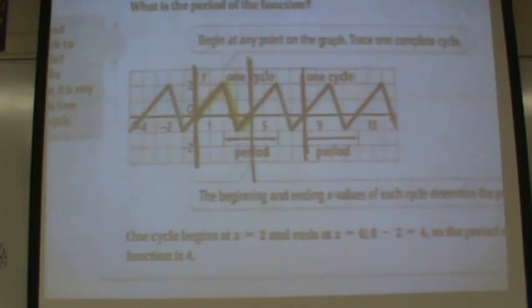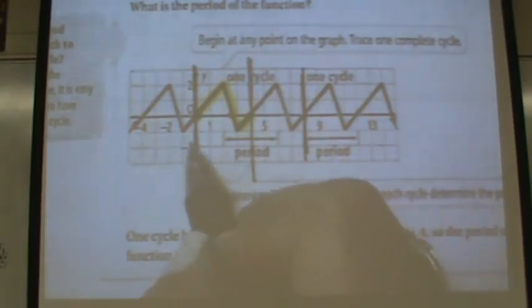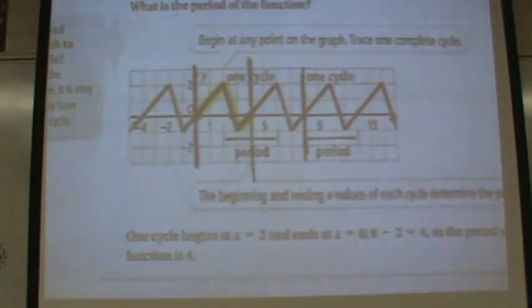Can anyone tell me, whether I evaluated it from this spot to this spot, or from this spot to this spot, what stayed the same? The pattern. The pattern really. Okay, I get what you're saying, but what else? How long it is.